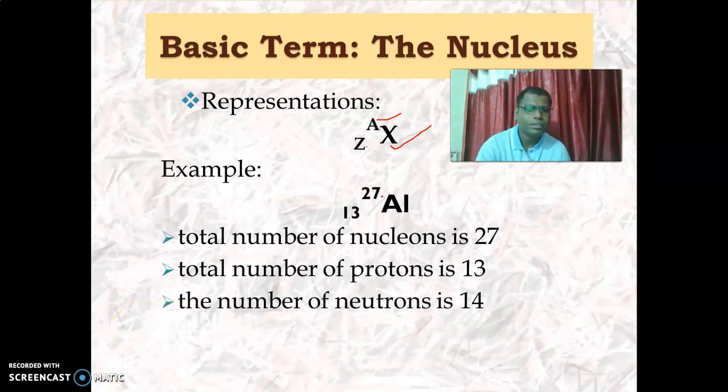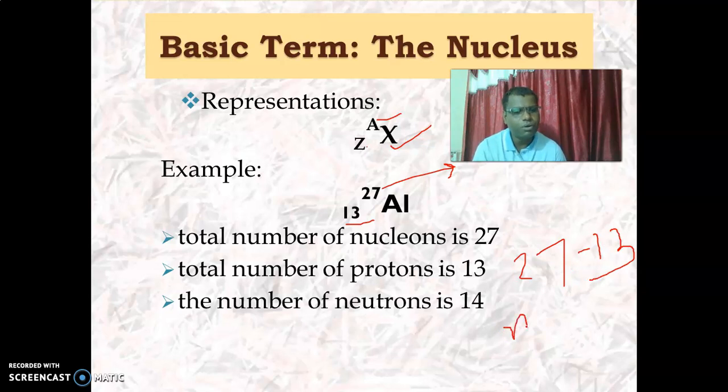So 27 is the total number of protons and neutrons, and 13 is the total number of protons, so the number of neutrons is A minus Z, which is nothing but 14.